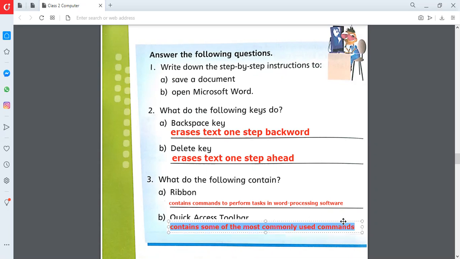The answer for this one is available on the screen right now. Everybody should write that in the book. Quick access toolbar contains some of the most commonly used commands. They are used to perform the commonly used commands.